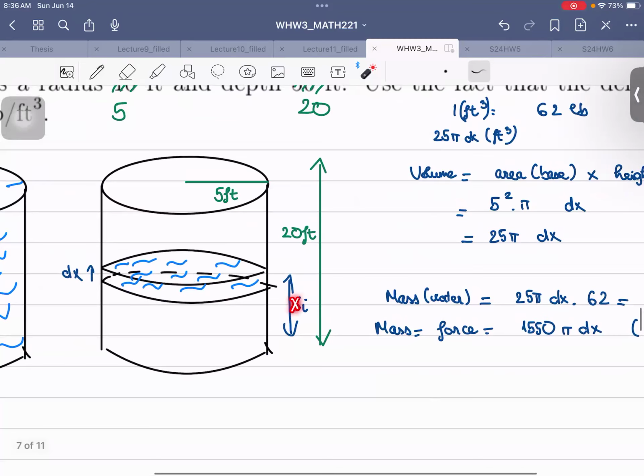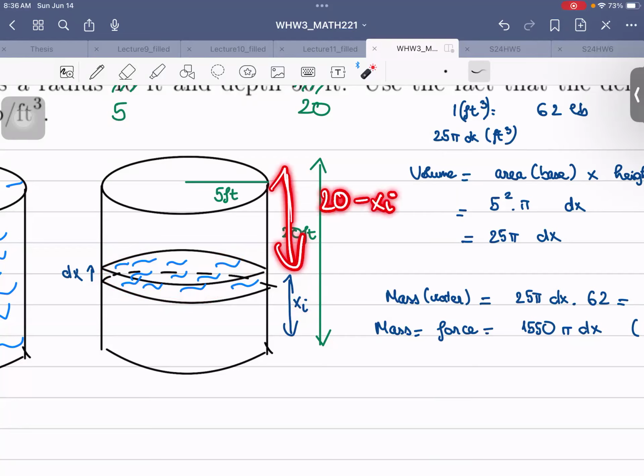So let me work with a general layer of water at the xi position. For the layer at the xi position, it has to travel 20 minus xi feet to get out of the tank.